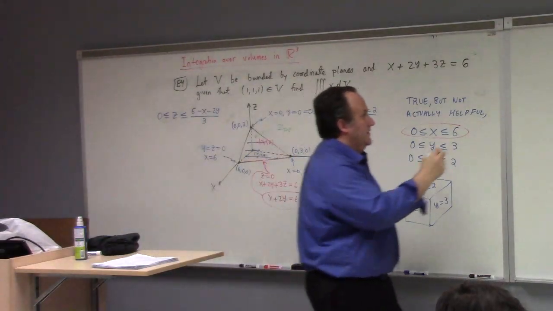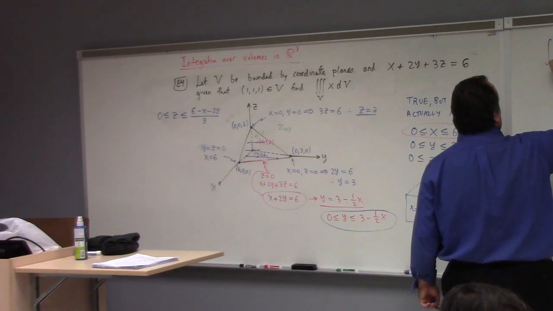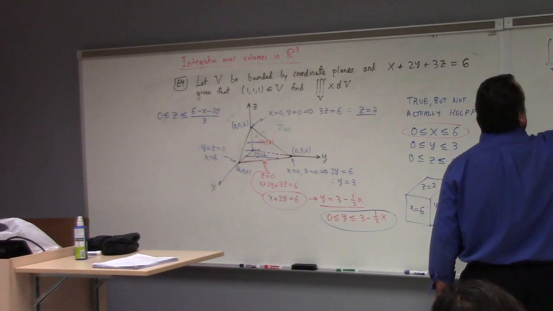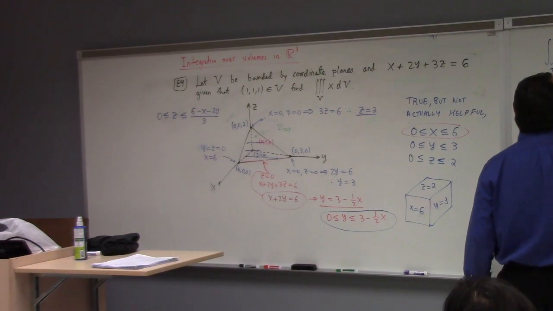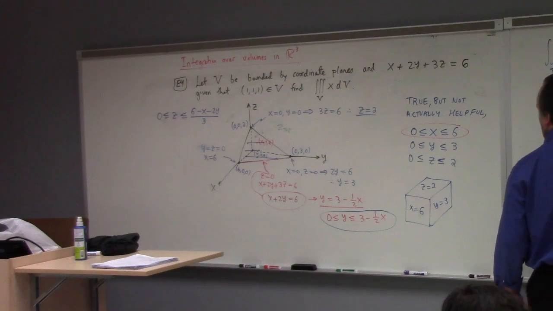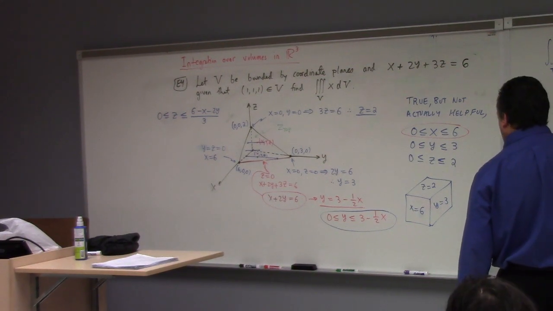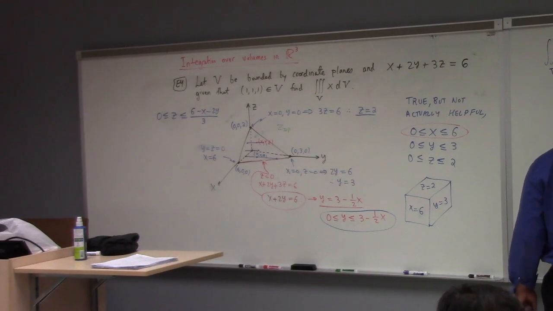All right. So the integral that we're after, we can finally do. We got everything we need to set it up. We're doing the x integral last. We're doing the y integral in the middle. The y integral was 0 to 3 minus 1/2 x.